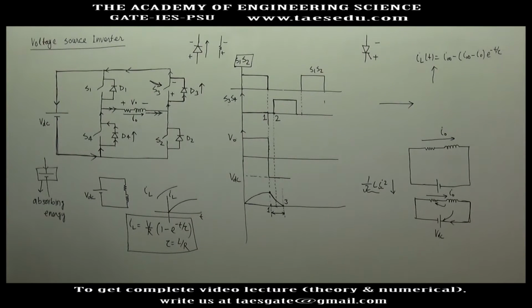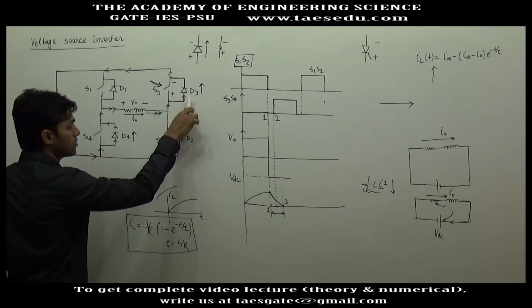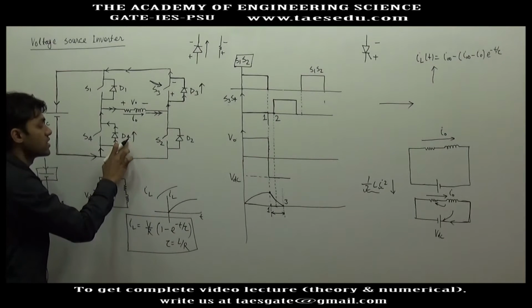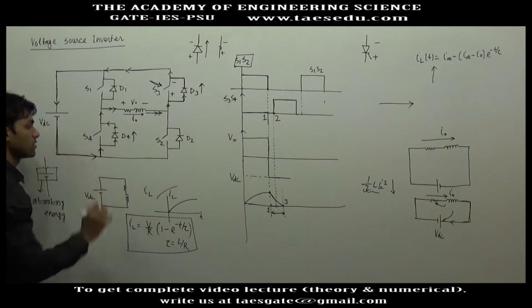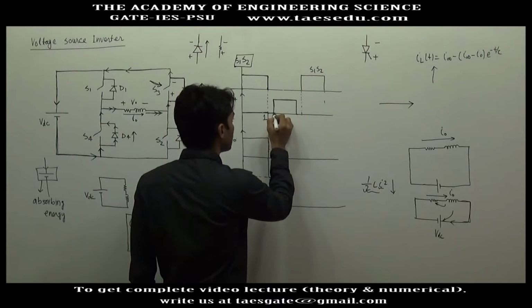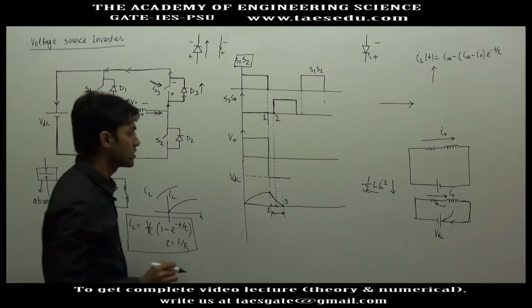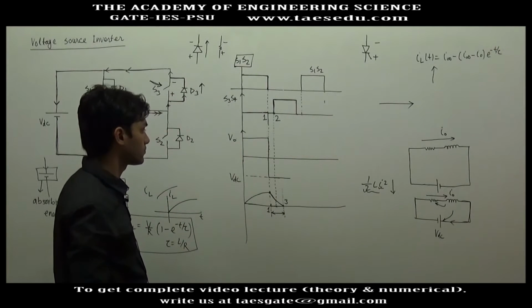It is reverse biased due to the on-state voltage drop of D3, and a similar argument can be made for switch S4, because if current is flowing through D3, obviously it will go through D4, and due to the on-state voltage drop of diode D4, the switch S4 will be reverse biased. So at instant 2, even if you are giving gate signal to S3 and S4, these switches cannot be turned on.